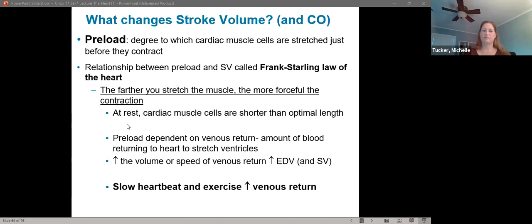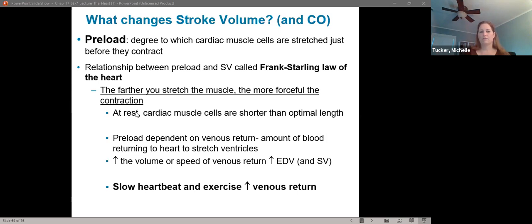So with skeletal muscle, if you go back to the factors that affect the force of contraction, it could be the number of motor units, it could be the size of the motor units, but it's also the amount of stretch. In skeletal muscle cells, they are at an optimal length at rest.